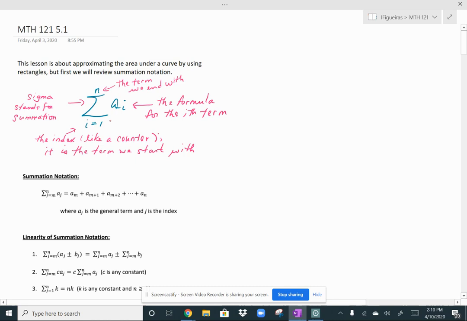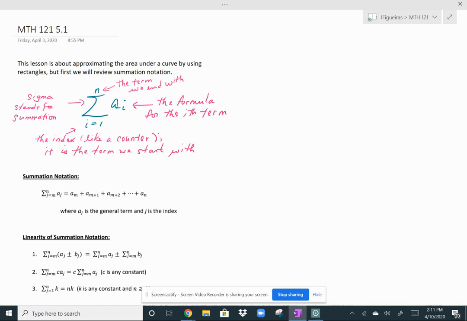The values at the bottom and at the top of the summation symbol tell you where your terms begin and end. So i, called the index, is like a counter. We often start at 1, but it doesn't have to. We start wherever i is equal to that number, and we end at some value n, and that will be the nth term.